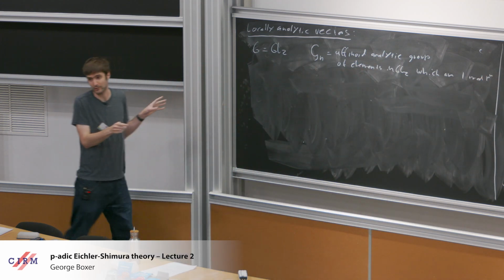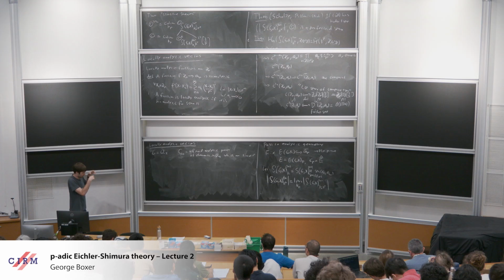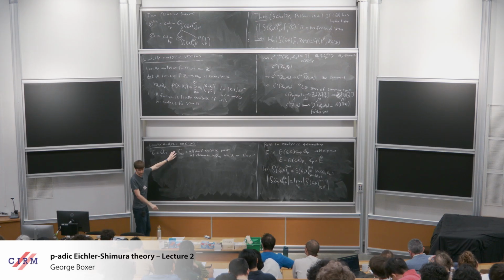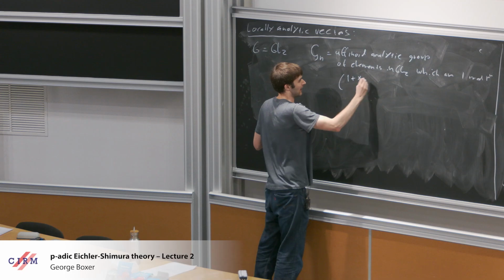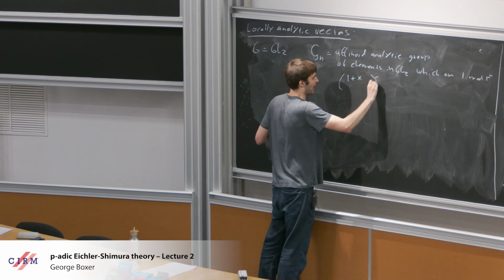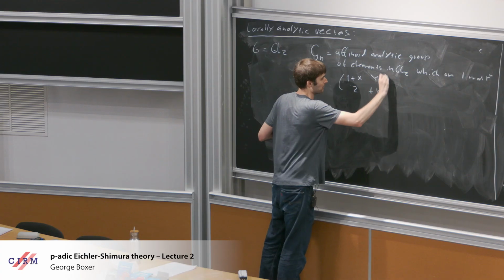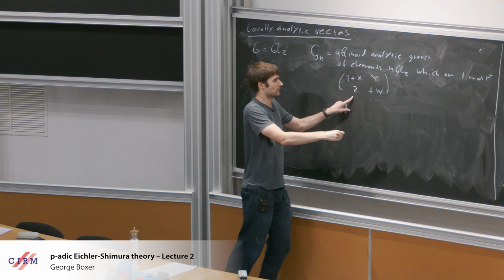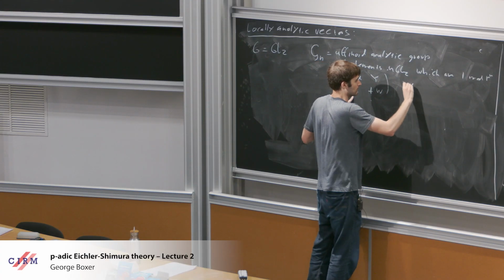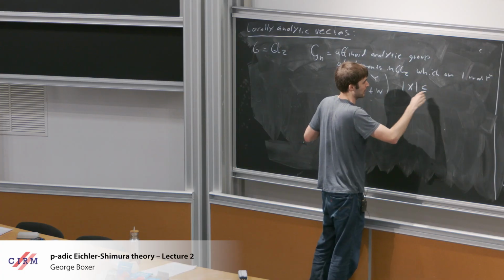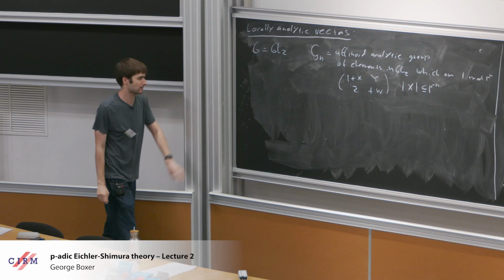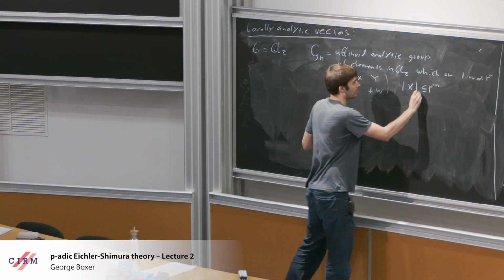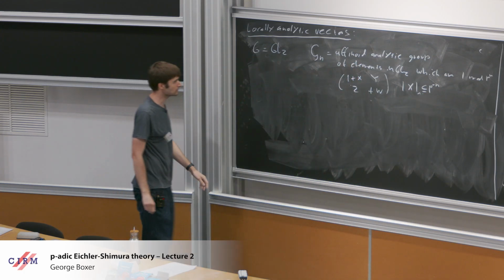Concretely, this is basically just a 4-dimensional Tate polydisk where you can imagine the entries are like 1+x, y, z, 1+w, where x, y, z, and w all have radius less than p^n.